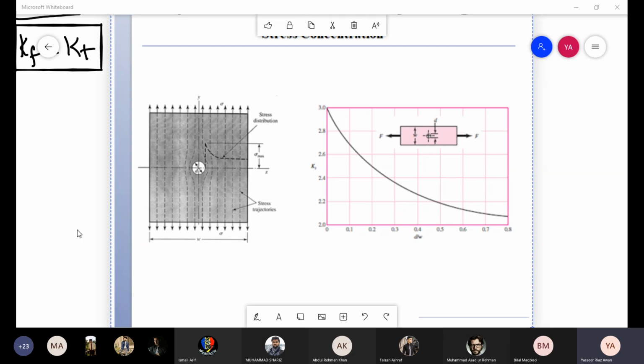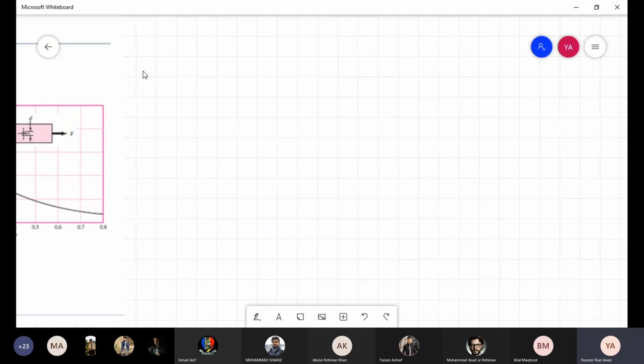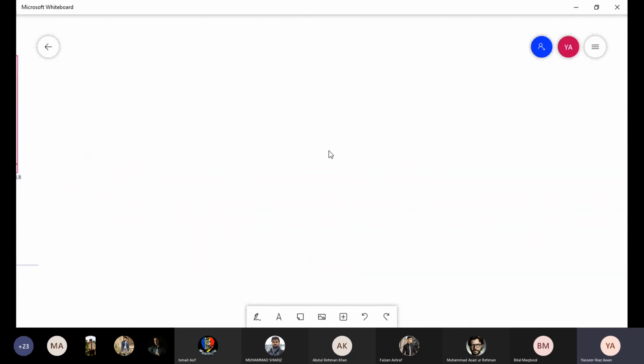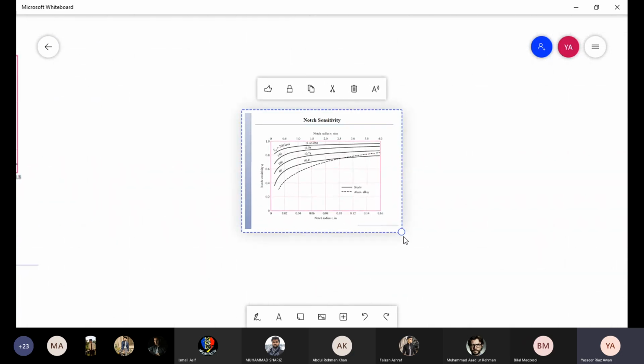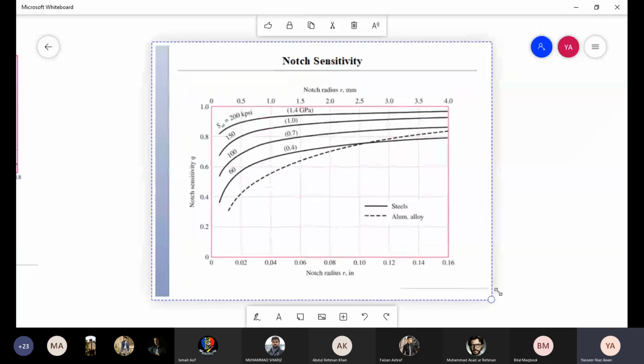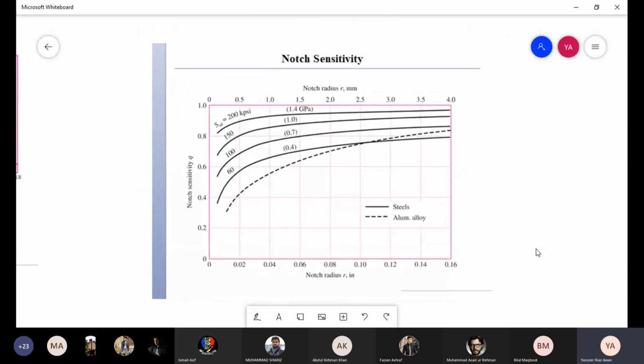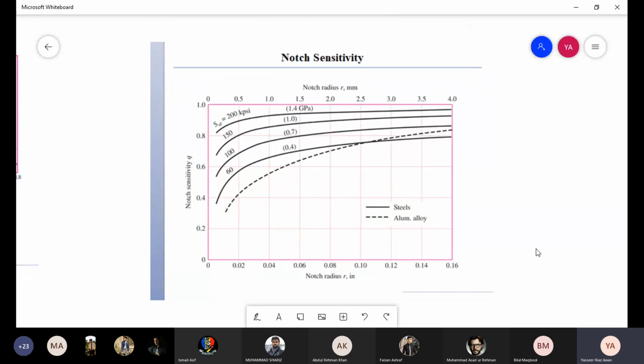Now, ductile material under static loading does not have any effect of this stress concentration, but under fatigue loading the effect is somewhat reduced due to local yielding, and that effect is taken care of by a term we call notch sensitivity.